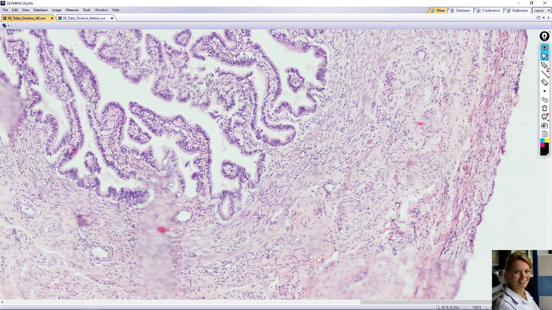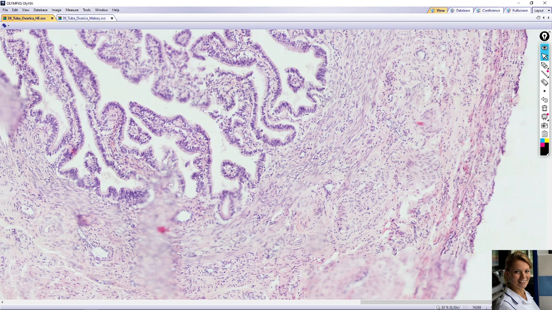The interstitial connective tissue is abundant between the muscular layers, and as a result, the smooth muscle layers, especially the outer longitudinal layer, are not distinct.